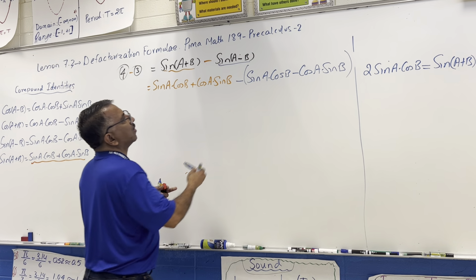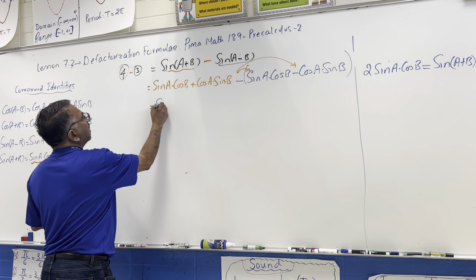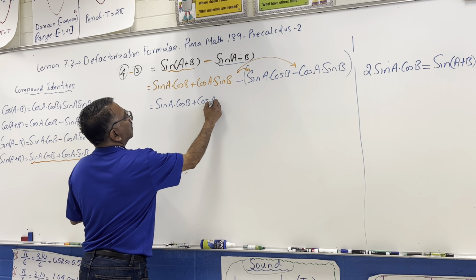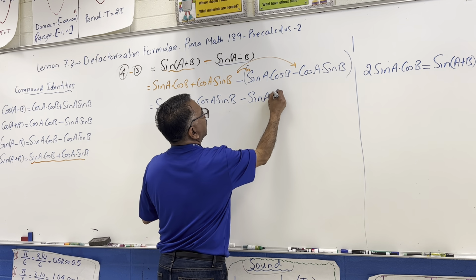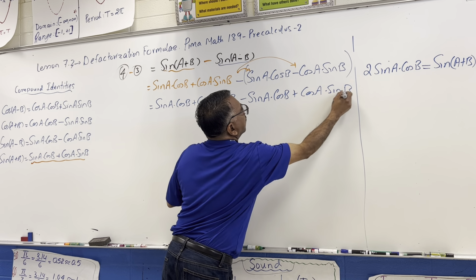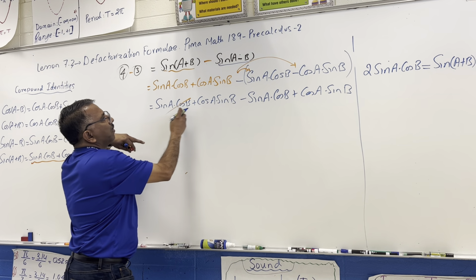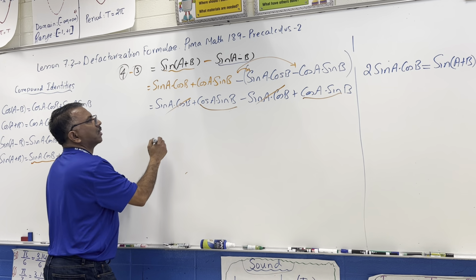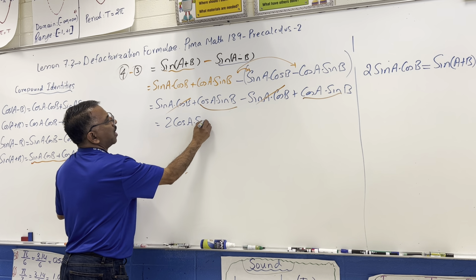Then use the distributive property. So this will be sine A cosine B, and this will change to plus. Then you see that sine A cosine B is the same thing, and this one is the same. So you get twice cosine A sine B.